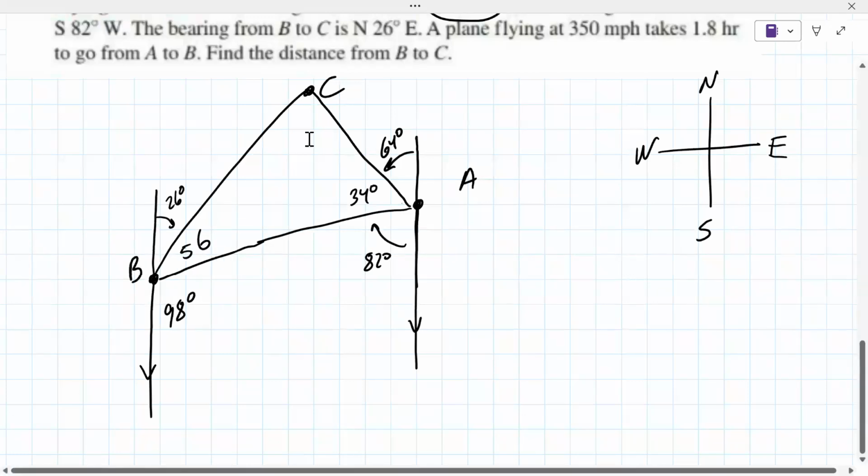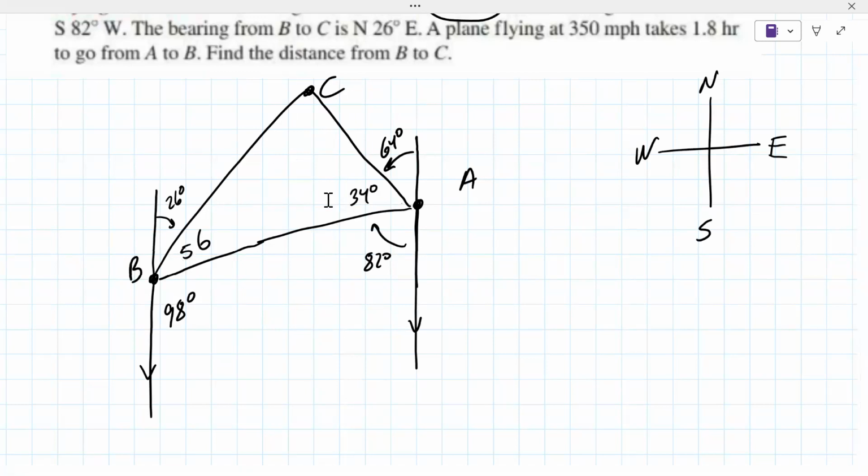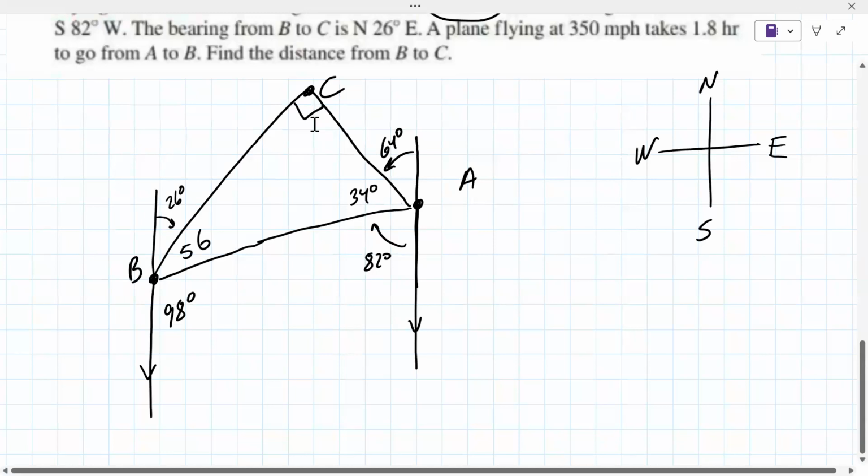So for angle C, the missing angle, what must that be? The three angles add up to 180. 90. Now you could have reasonably assumed that was 90 because it needs to be a right triangle, but that's not the right way to do it.